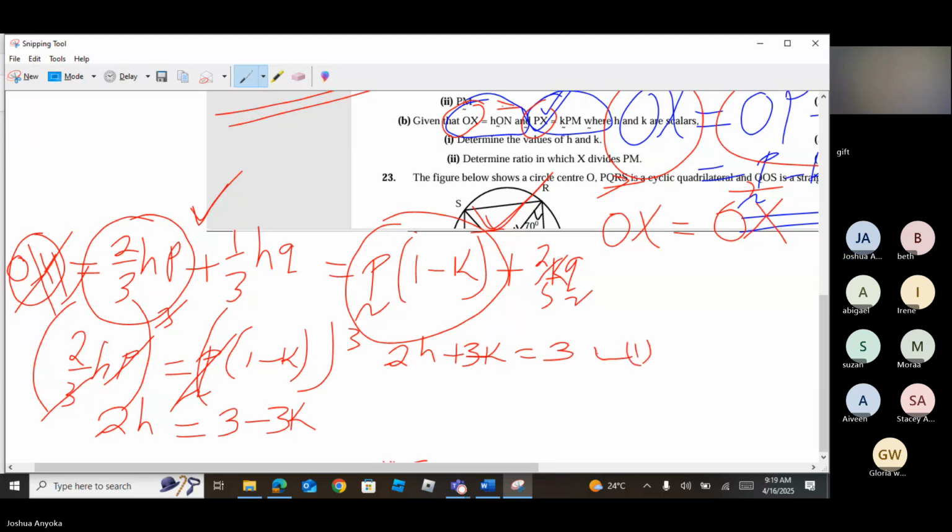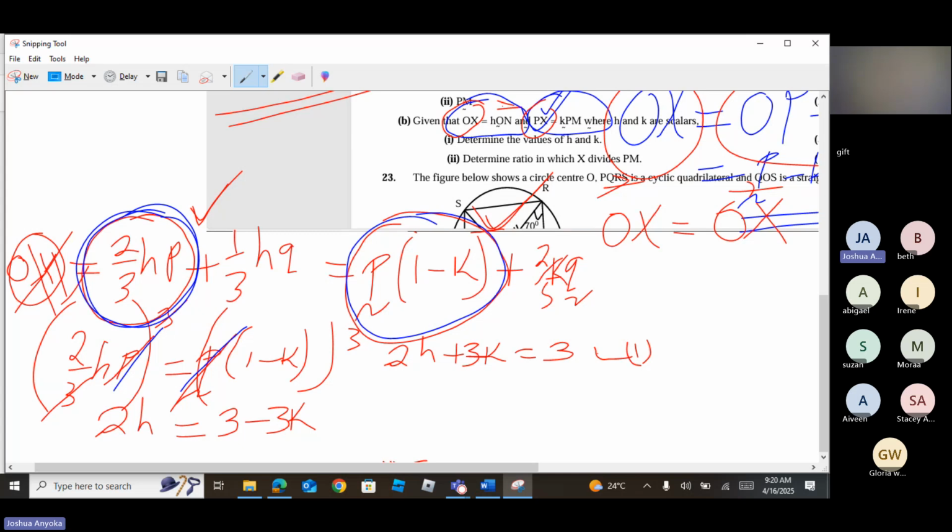So we equate two corresponding vectors, the one that has vector P and the one that has vector P. After equating, we cancel vector P by dividing by P both sides.